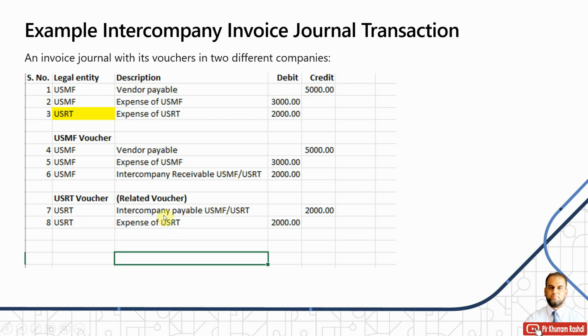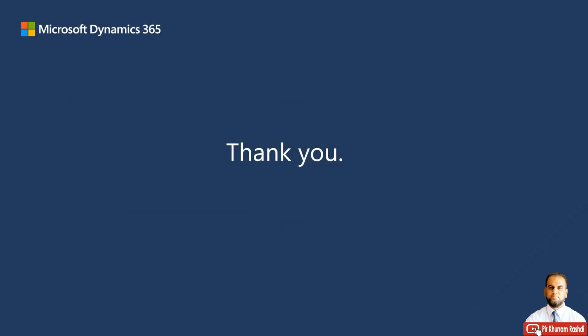And in the intercompany related voucher, you can see intercompany payable, USMF, USRT, which USRT needs to pay to USMF, is 2,000 as a credit, that is a liability. And the expense of USRT is also booked 2,000. So I just need to book the above two entries, and the below entries will automatically be booked because my setup is done. So let's go for the demo now.